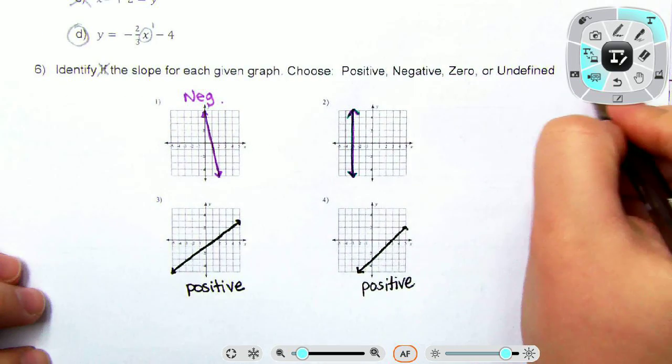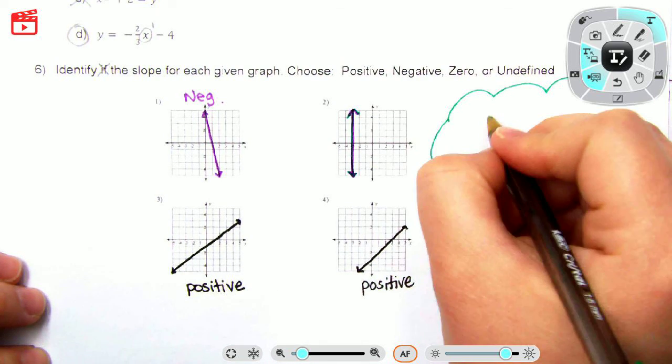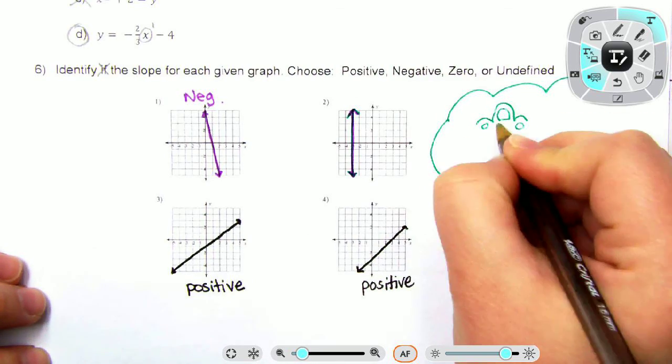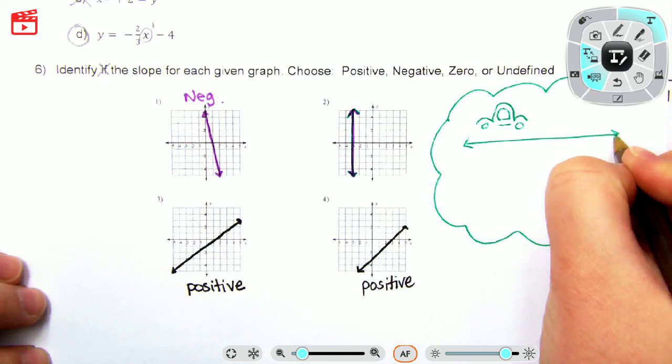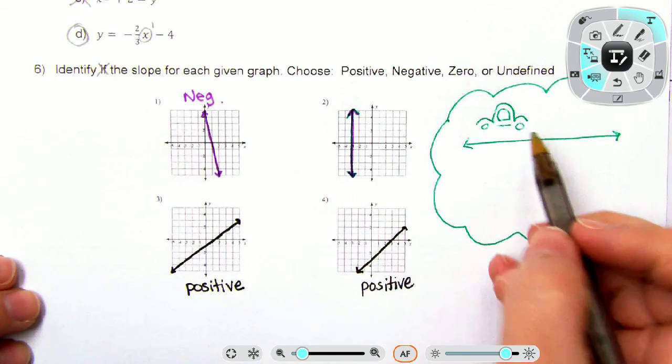So off to the side, I'm going to use a thinking bubble. So imagine you are driving a car. Here's your car. You are driving a car on a perfectly horizontal road. Now let's say you're out of gas.